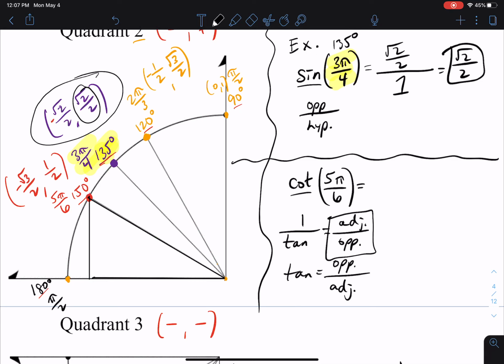So again, this is going to be the angle measure because it's always the center. So we're looking for adjacent over opposite. Well, we know this is 1 here. And I know I'm going to go left negative square root 3 over 2 from right there, and I know I'm going to go up 1/2.